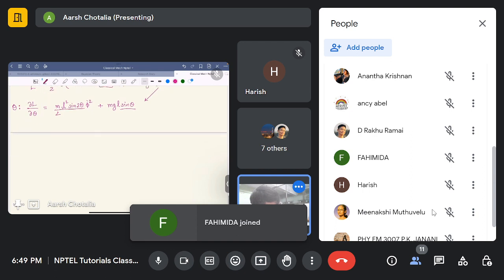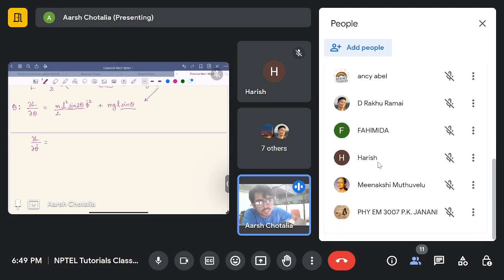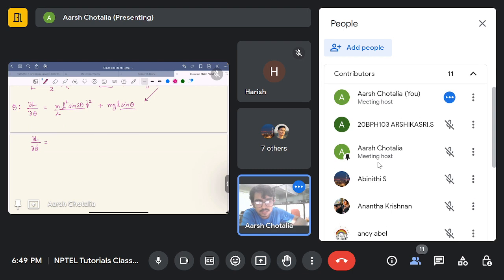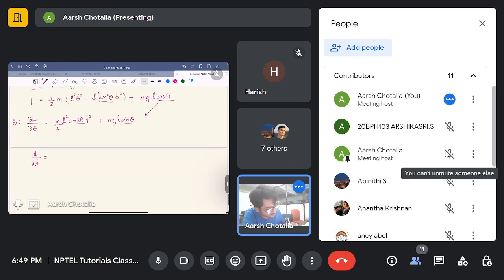Now we do with respect to theta dot. What would be the derivative with respect to theta dot?